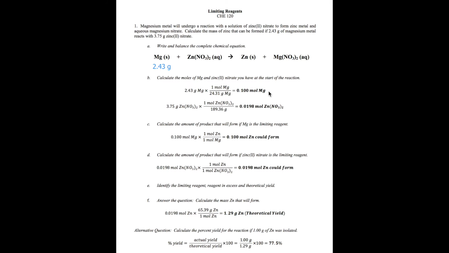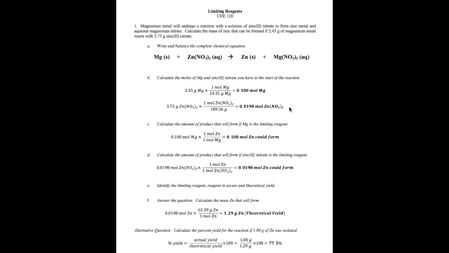So that tells us that at the beginning of the reaction we have 0.100 moles of magnesium. Next, we know that we have 3.75 grams of zinc nitrate in the reaction. We also know that 1 mole of zinc nitrate has a mass of 189.36 grams, so that when we convert to moles, we know that we have 0.0198 moles of zinc nitrate at the beginning of this reaction.